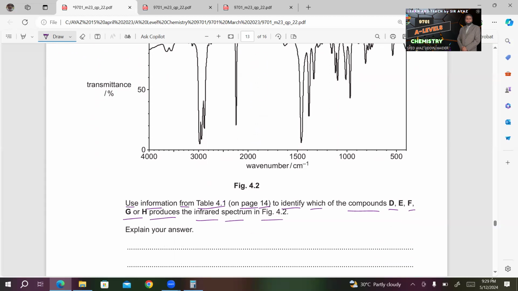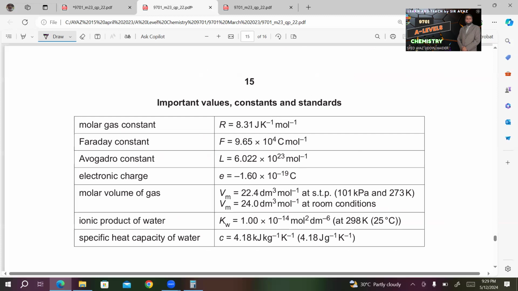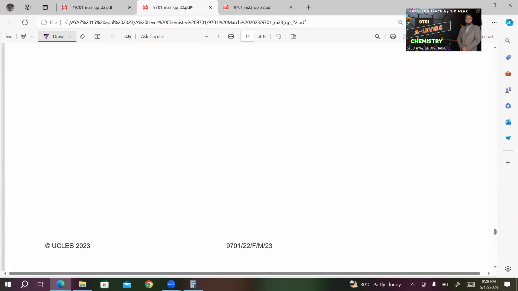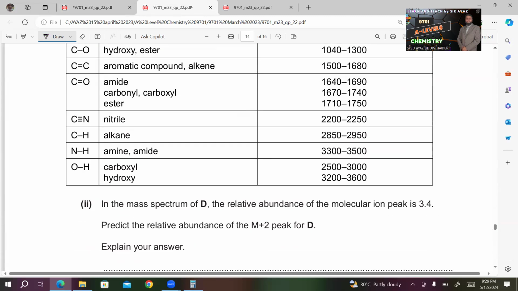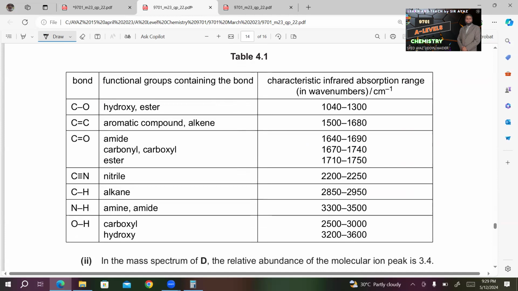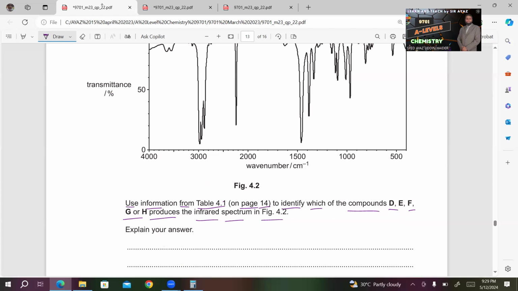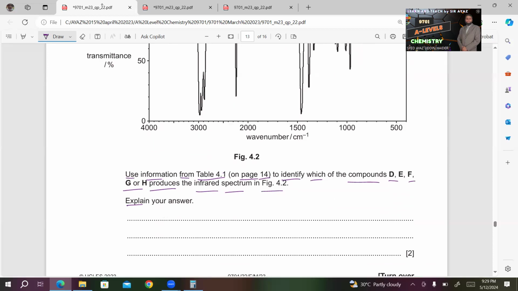So we need to consider this table. For your convenience, I will draw the structures of compounds D till H. D is this, with Br.